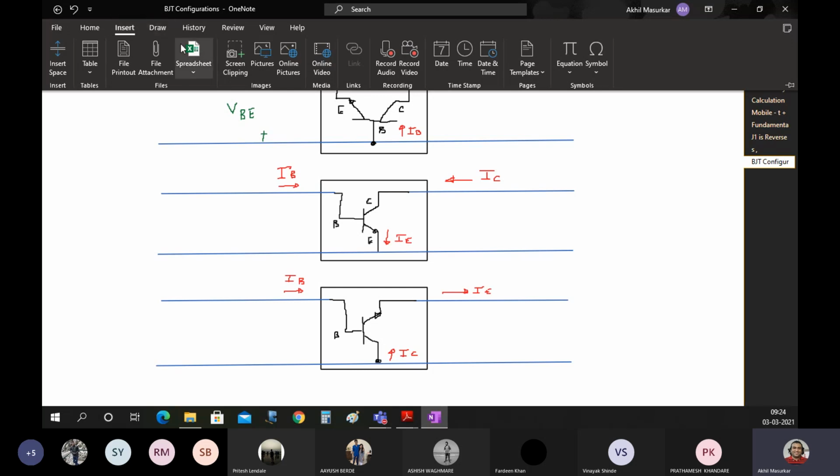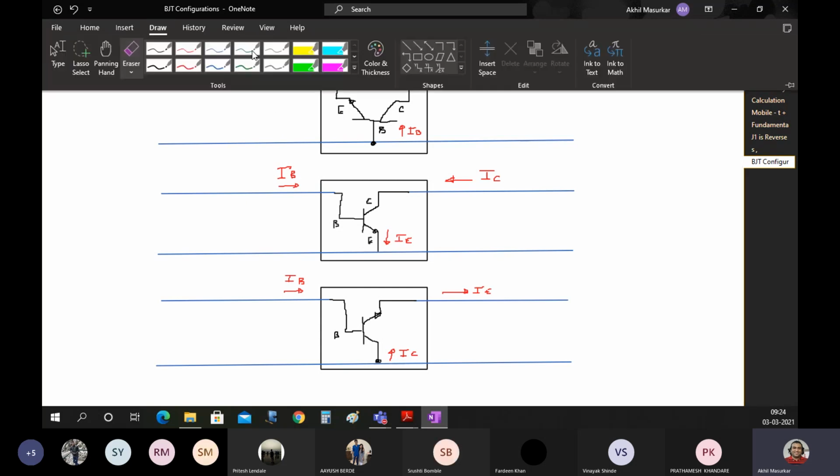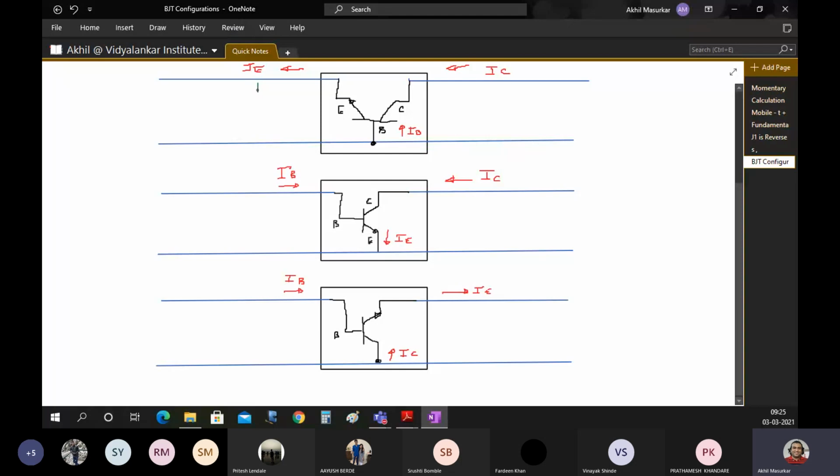Or you can just draw and we will just follow one standard convention. Let us not take any directions. What you see here is VEB, and here we have plus minus VCB. This is the input voltage and this is the input current, and the output voltage and output current.